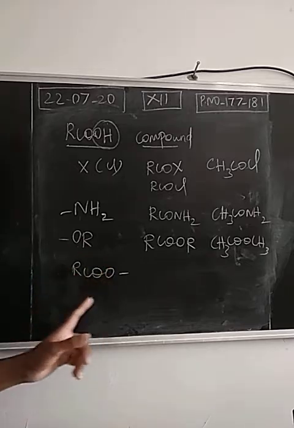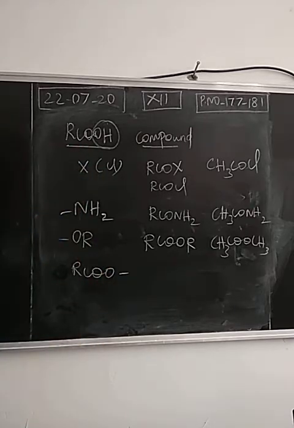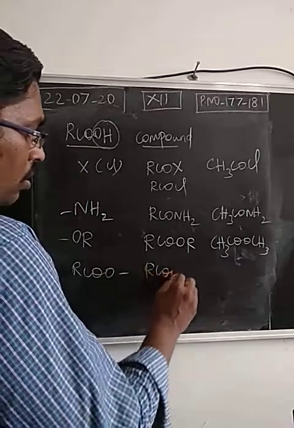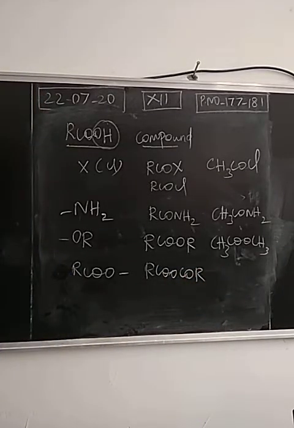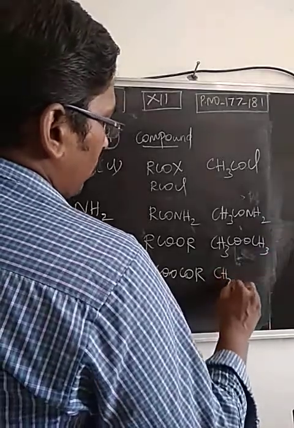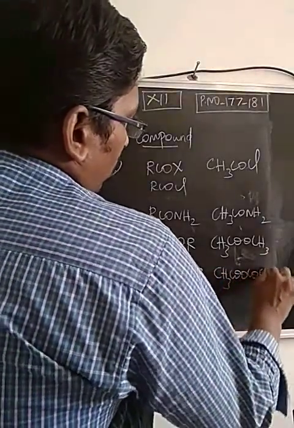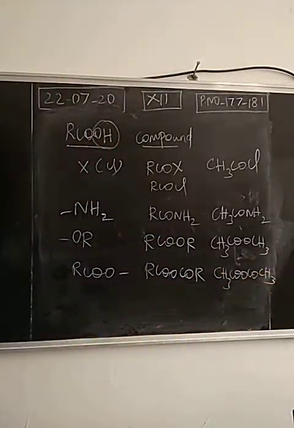So RCOO may replace the OH group, and we get RCOOCOR. This is called acid anhydride. General name acid anhydride. First member is acetic anhydride.